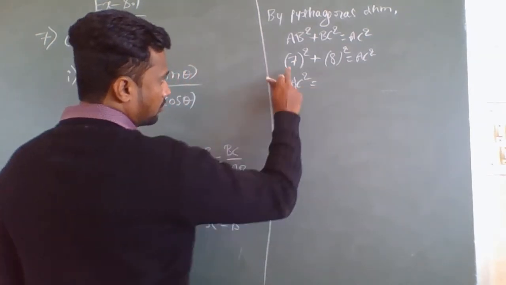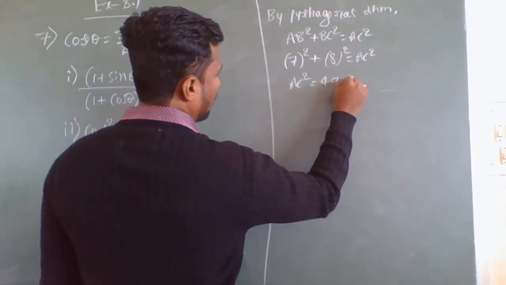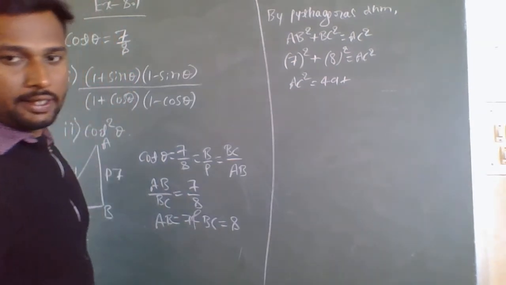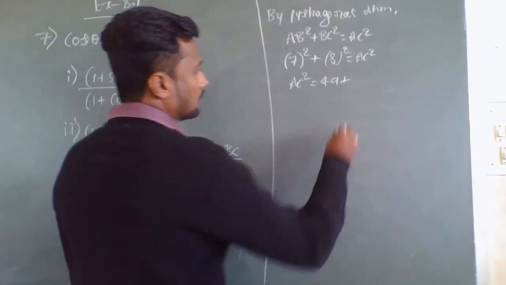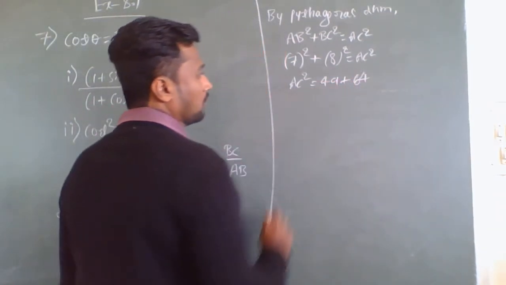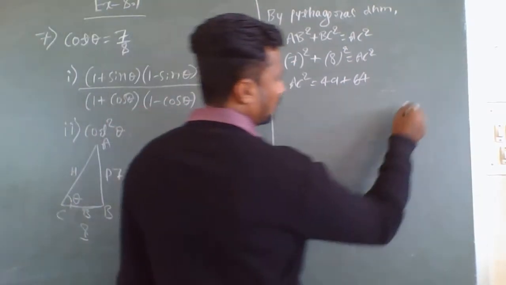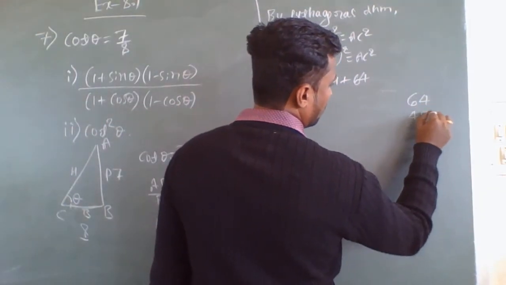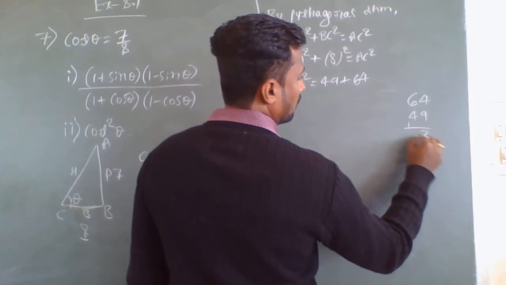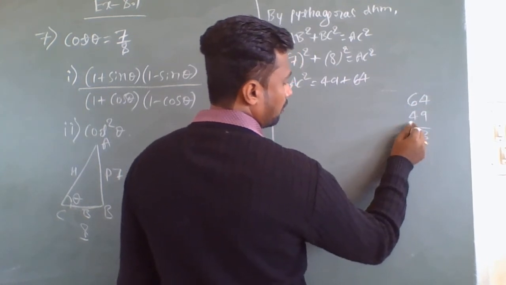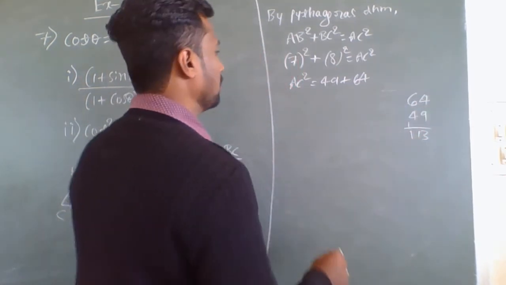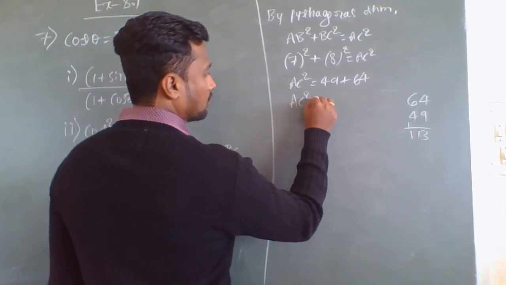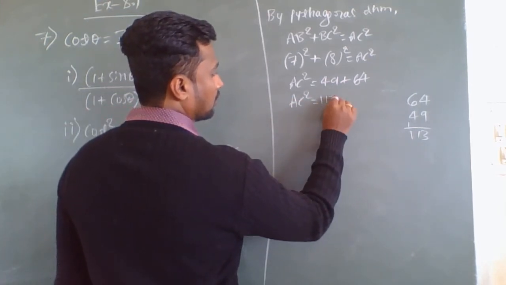Therefore AC square is equal to 7 square, which is 49, plus 8 square, which is 64. 64 plus 49 is 113. So AC square equals 113.